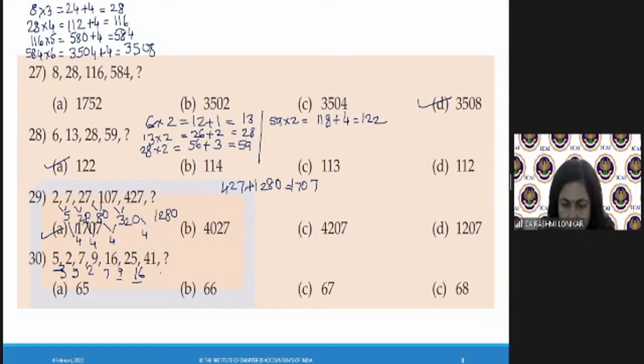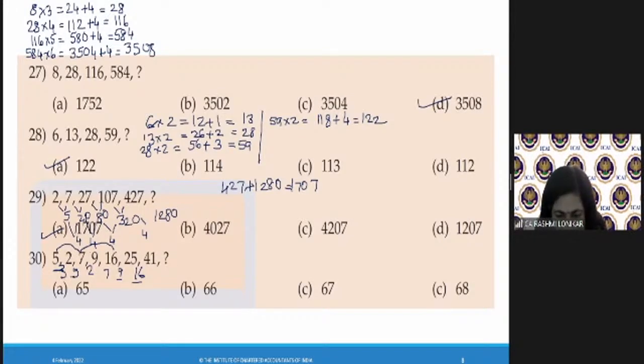So I should get a difference of 25, right? Because this is 2, okay, and this is 9, okay. So what is happening? 5 plus 2 is 7, 2 plus 7, 9, 9 plus 7, 16, 16 plus 25, 41, okay.